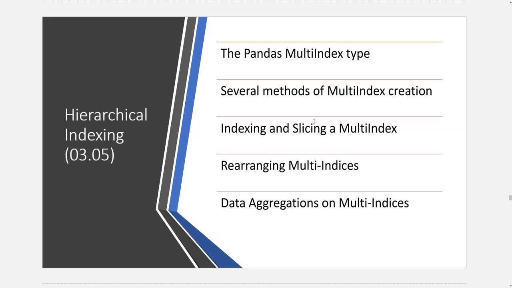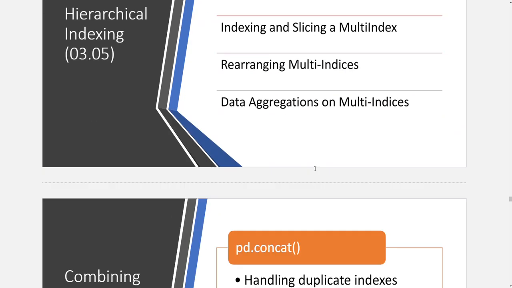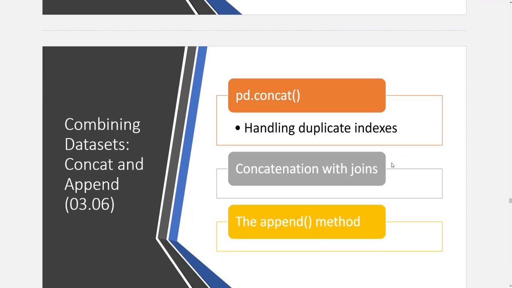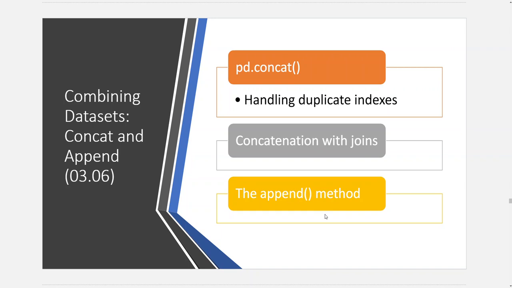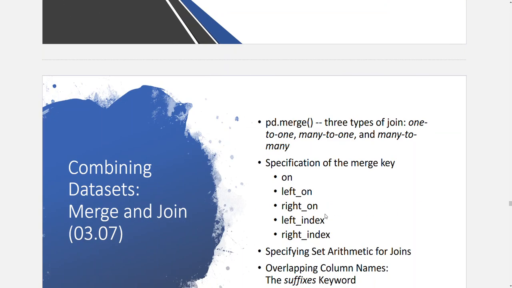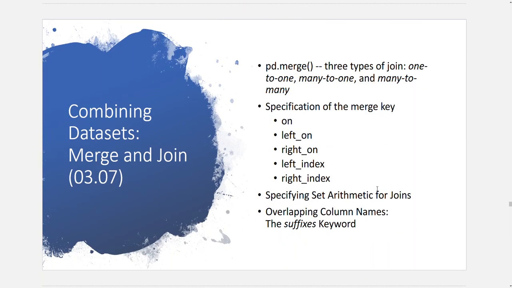So we've got indexing, and we'll deal with indexing as we go through. I may concatenate different data sets together. We can use an append method to add to the end of a data structure. We've got joins where we can join things together. Where do you want to join it? How do you want to join it?